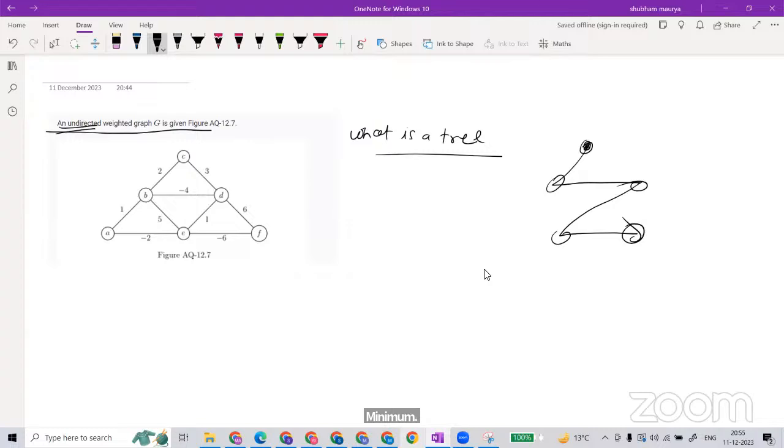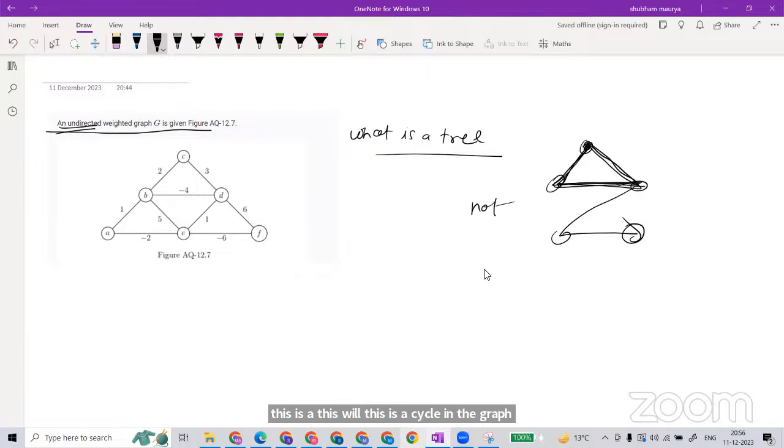So a tree is a connected graph, it will not be disconnected, and it will not contain any cycle. The definition of a tree is simply that it will not contain any cycle and it should be connected. If you have a graph like this, it is not a tree, because there is a cycle in the graph.